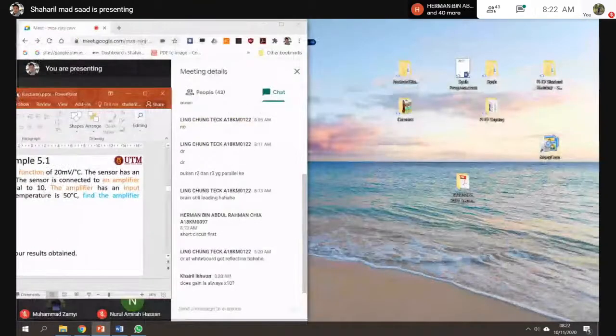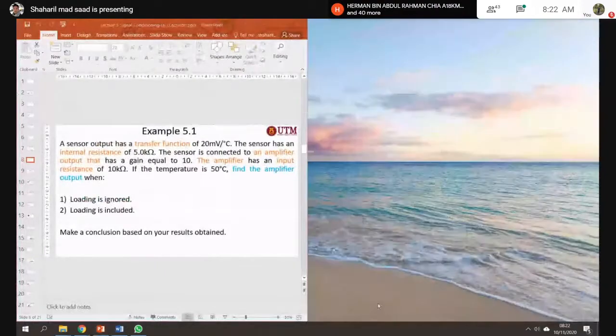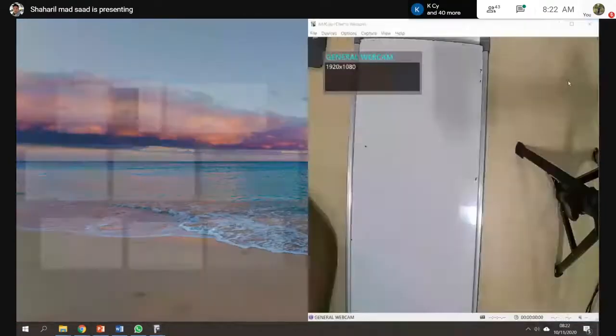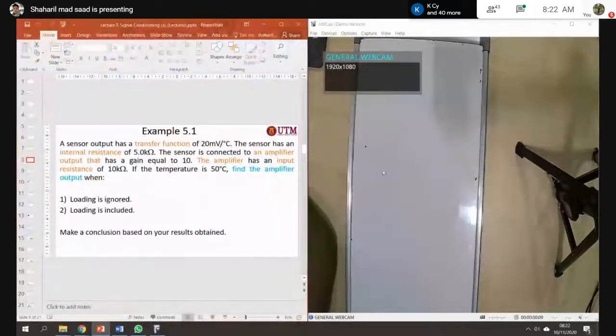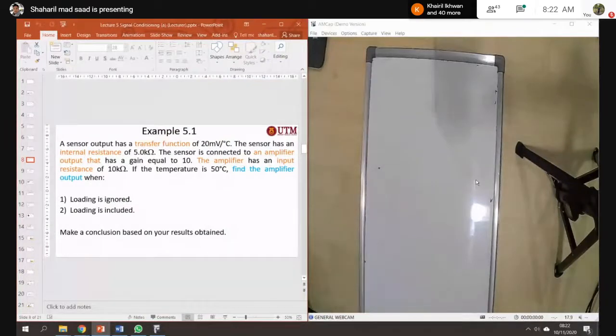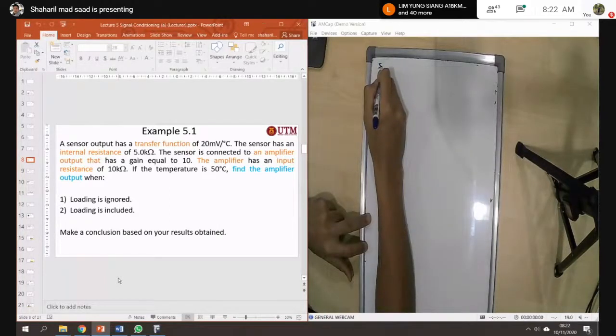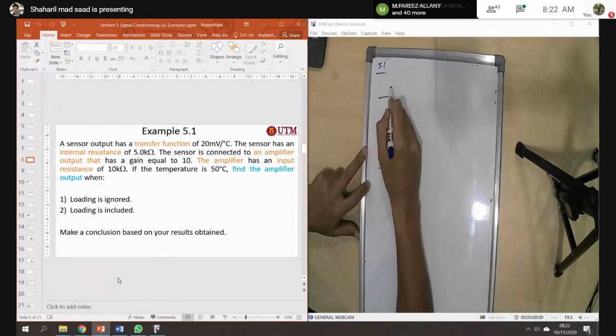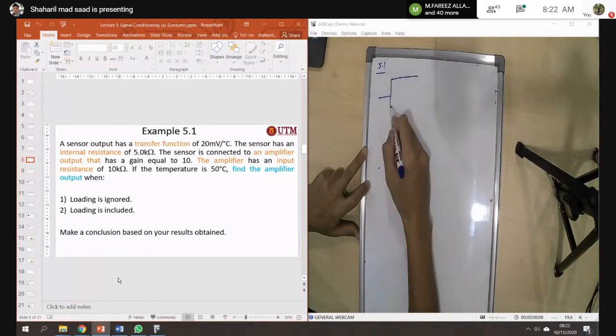Okay, so in this case, let's gather the information from the question first. Example 5.1. Now you have the sensor output.